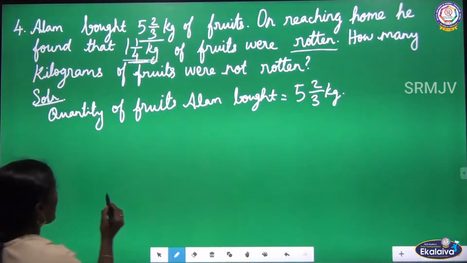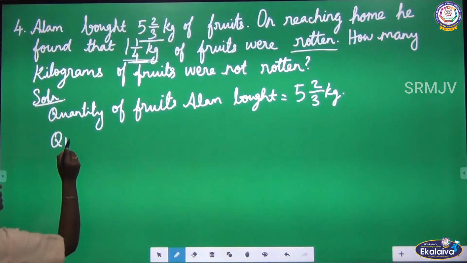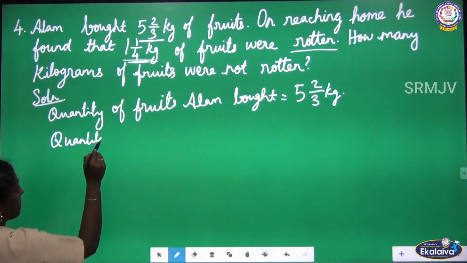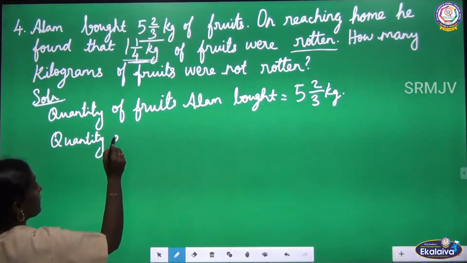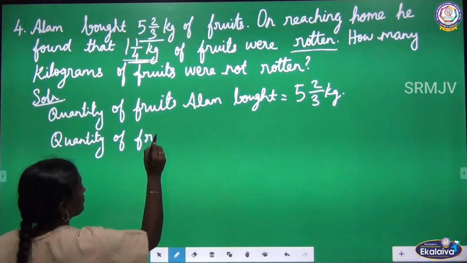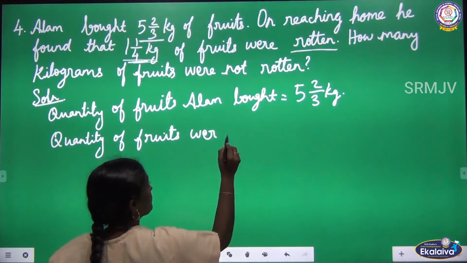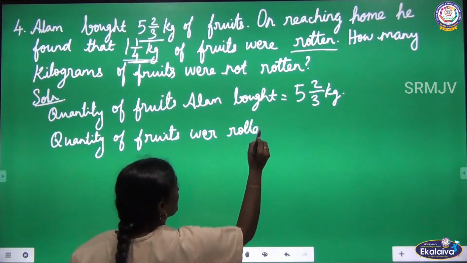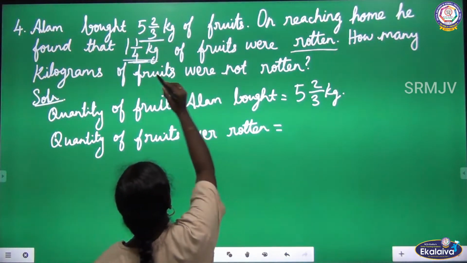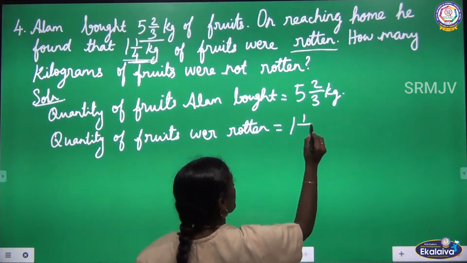Then quantity of fruits rotten is equal to how much? 1 4/5 kilogram.